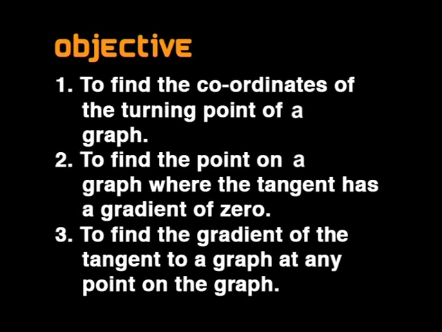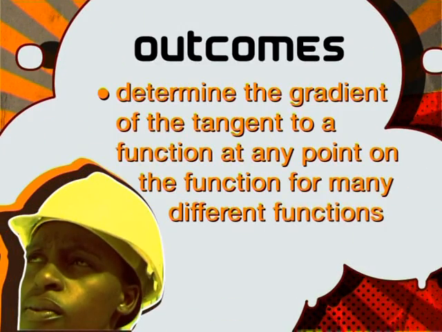And so we developed the more general problem, namely to find the gradient of the tangent to a graph at any point on the graph. By the end of this lesson, you should be able to determine the gradient of the tangent to a function at any point on the function for many different functions.